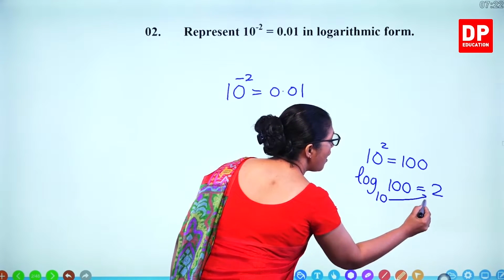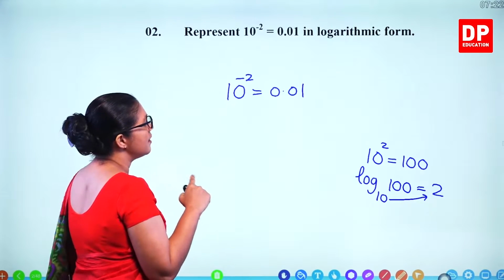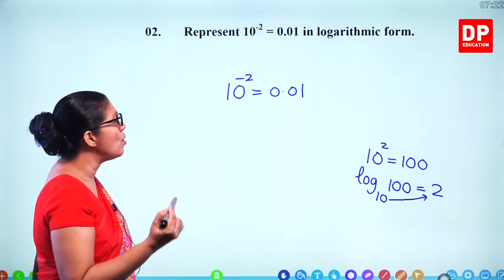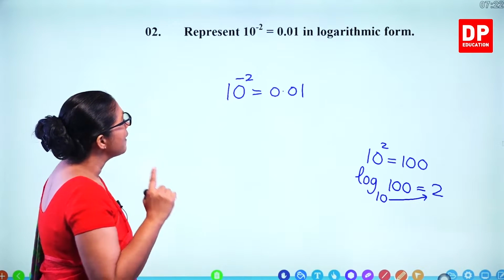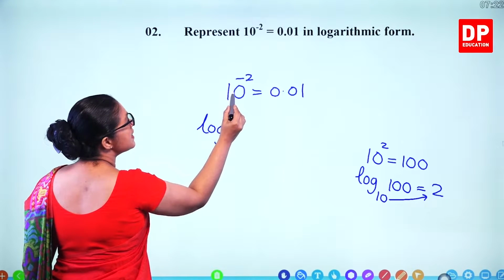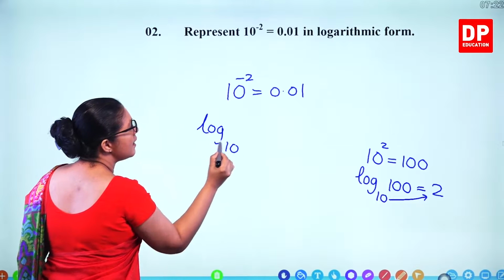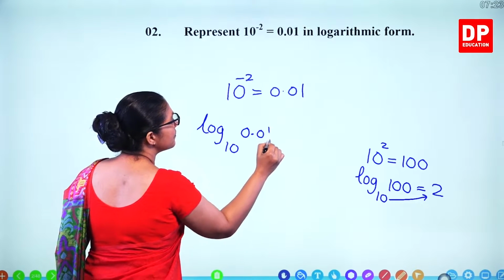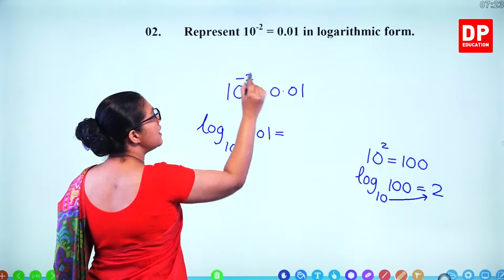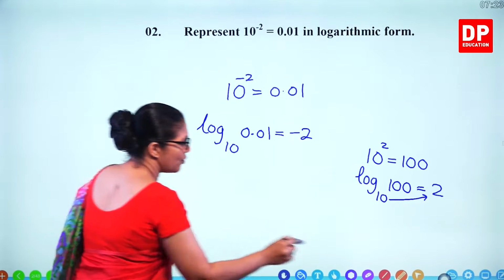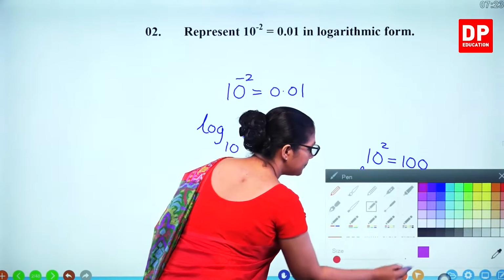So 10 squared is equal to 100. Now the index notation is given. You have to convert to logarithmic form. So we'll take log, base is 10, so base goes here and the number 0.01 is equal to the index, so minus 2. So you get 2 marks for that.